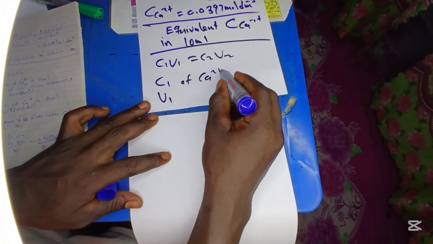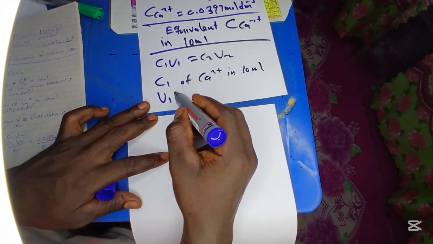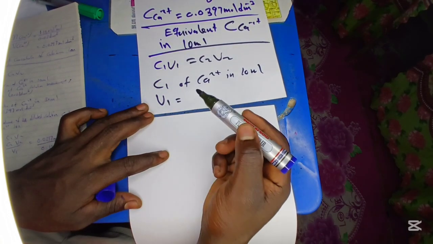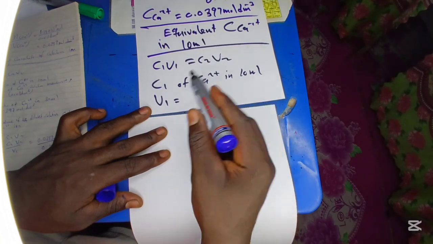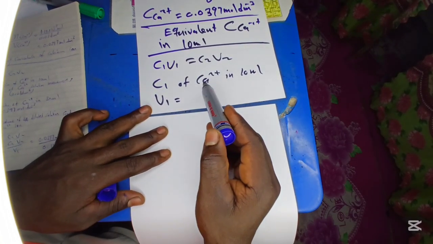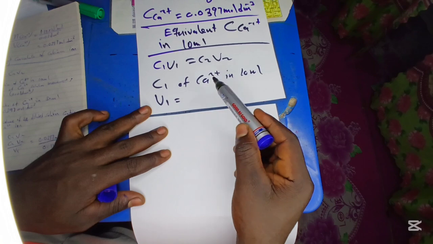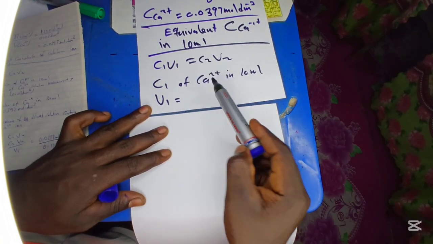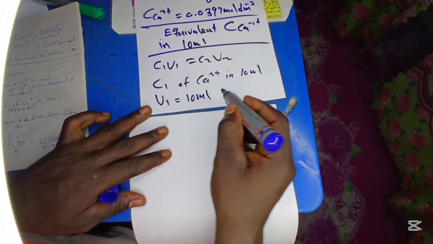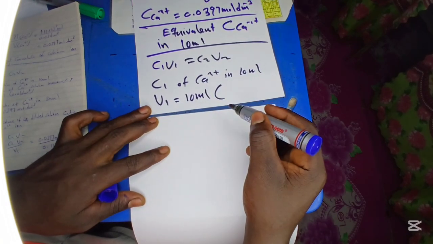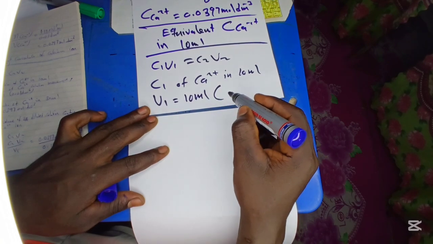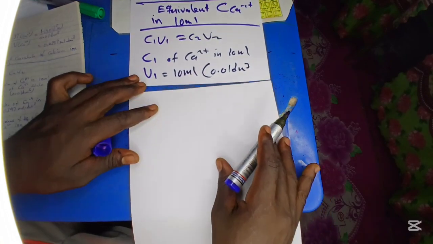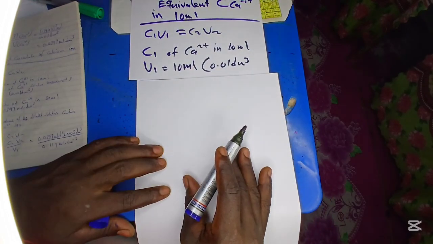For C1 we don't know, but for V1 we know it, because the volume of the prepared solution that we took was 10 ml. This is the volume of the solution that contains the Ca2+ ion. So that means we get 10 ml. If we convert this to dm³, we are going to get 0.01 dm³.